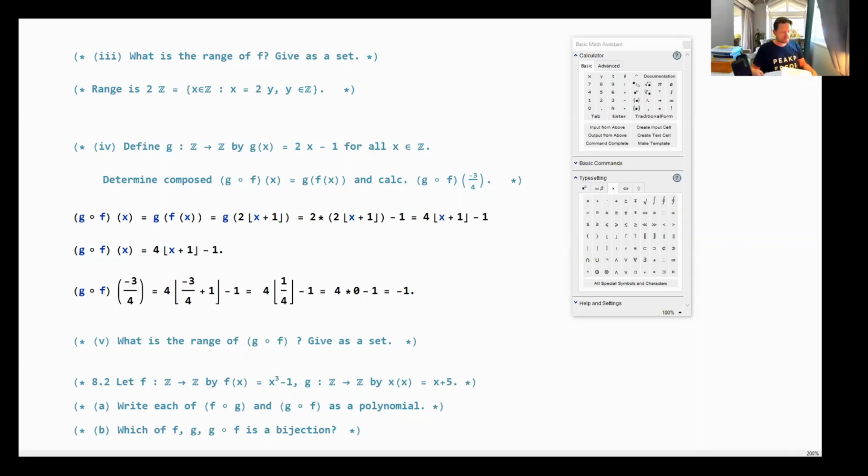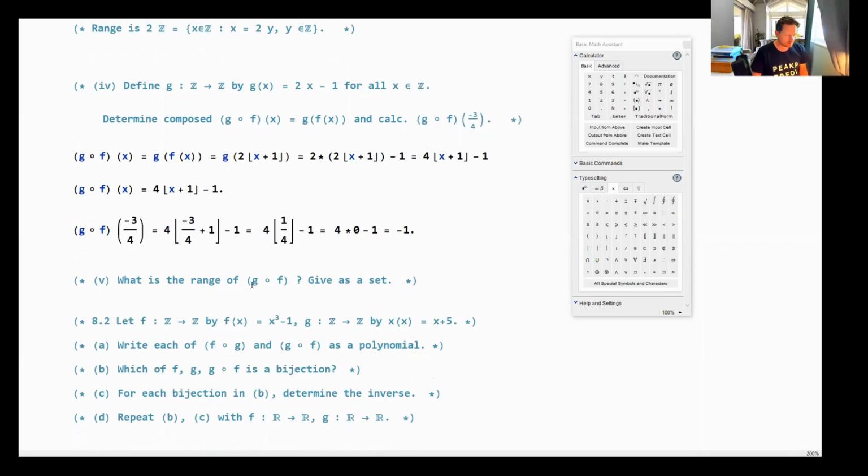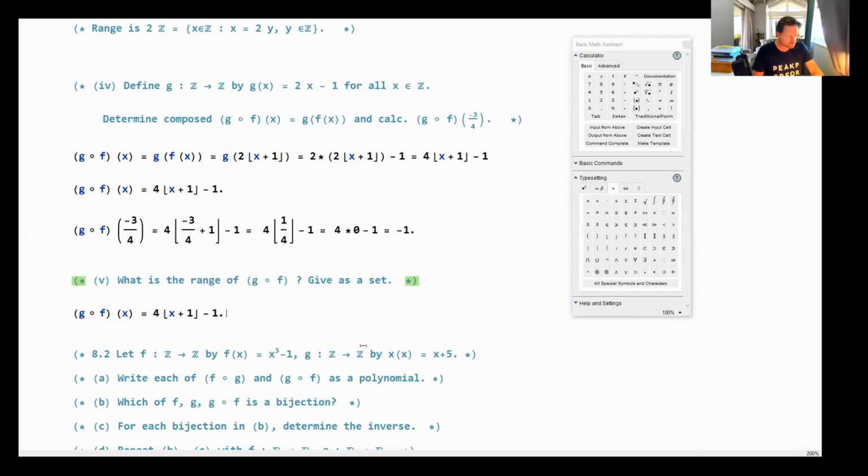All right, so the next part says, what is the range of this function here? So that's this one here. What is the range of that? Okay, so let's just copy down the description of it. So we have this description, 4 times this integer minus 1, but what comes out of this essentially are the set of, I mean, you look at the 4 here, right?